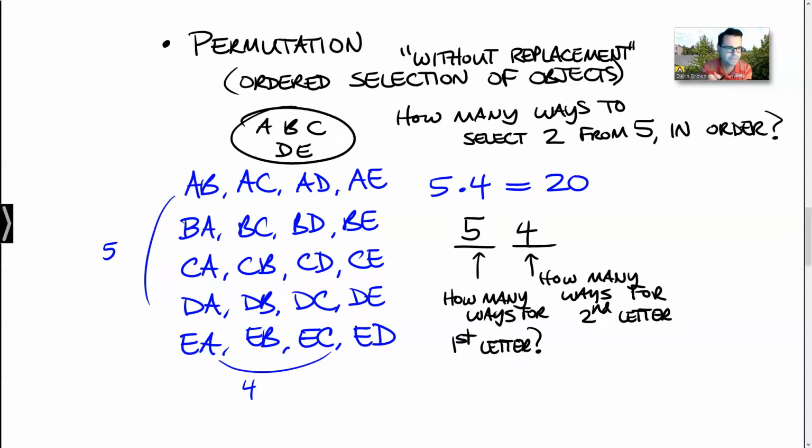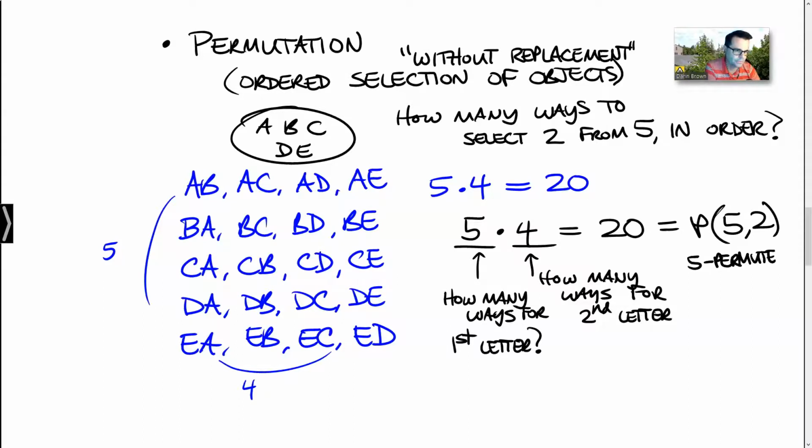The first one can always be done 5 ways. The second one can always be done 4 ways. So the multiplication principle says altogether 20 ways. The notation would be 5, 2, and we would say this is 5 permute 2. So 5 permute 2 is equal to 20.